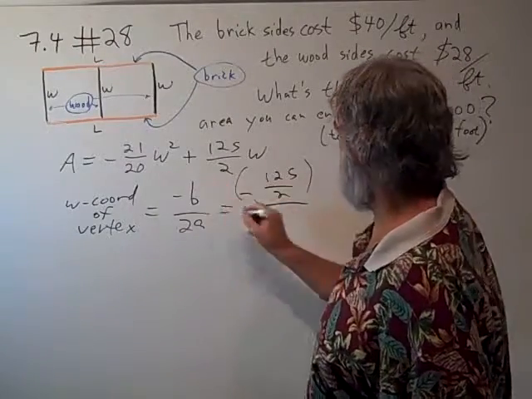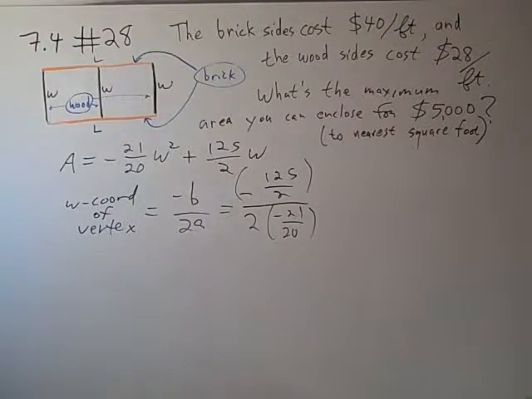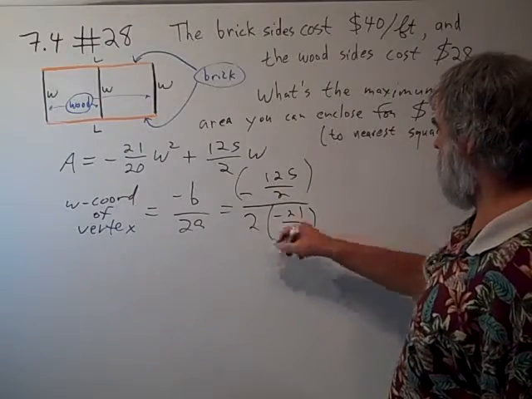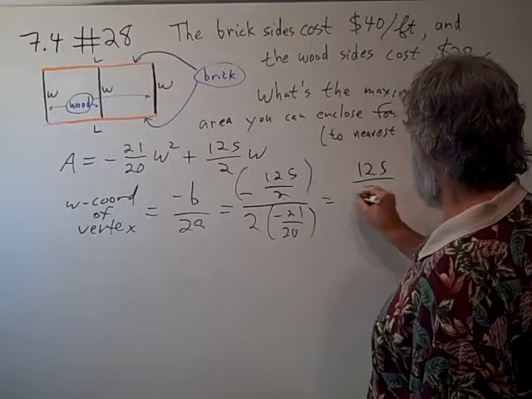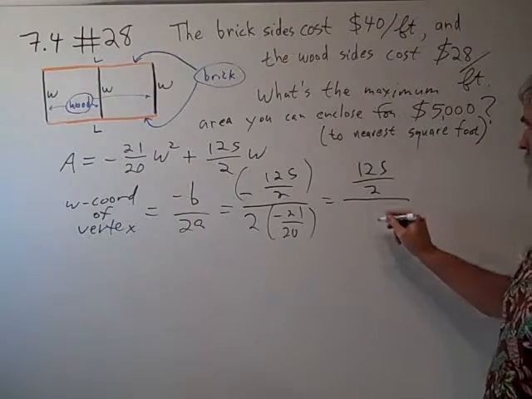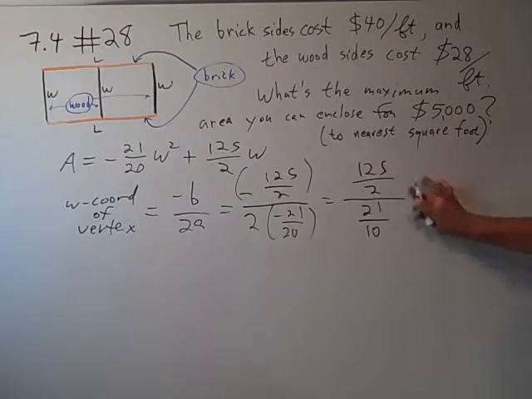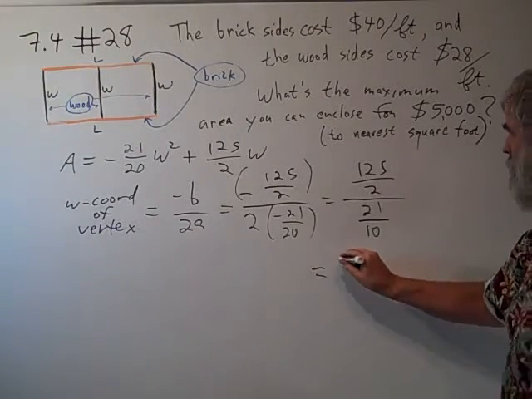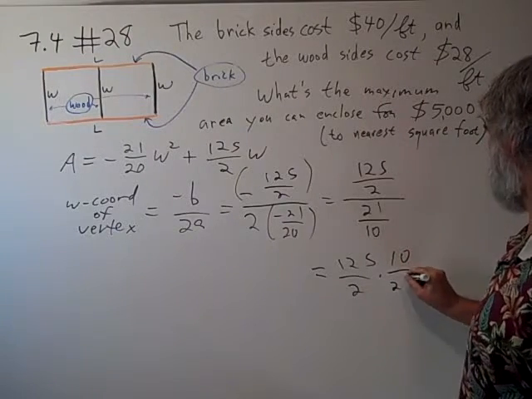A in this case is negative 21 divided by 20. The 2 down here cancels with the 20, and the negatives cancel. This is 125 divided by 2 over 21 divided by 10. If you invert and multiply, you get 125 divided by 2 times 10 divided by 21.